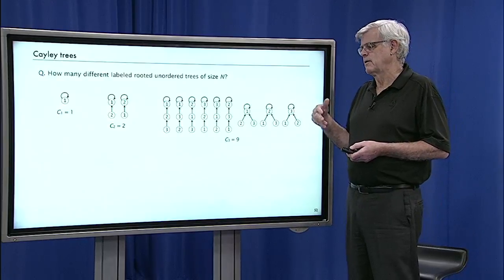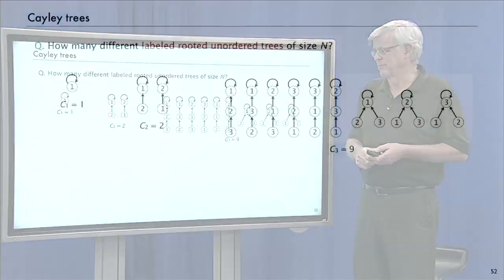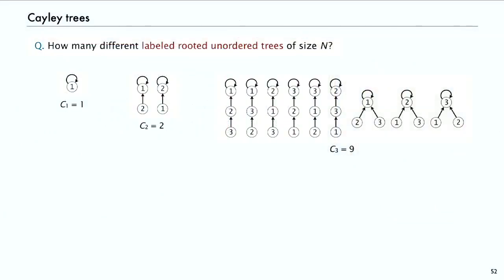So in order to address those kinds of questions, we'll start with something simpler called Cayley trees. So a Cayley tree is a labeled, rooted, unordered tree. So labeled means all the nodes are labeled. Rooted means that there's one distinguished root.